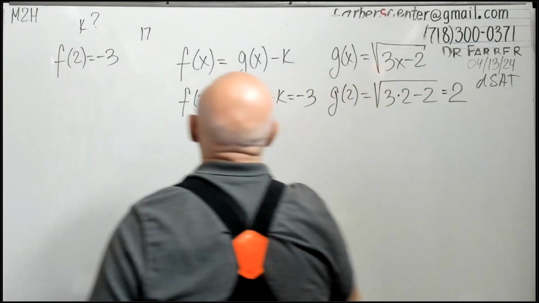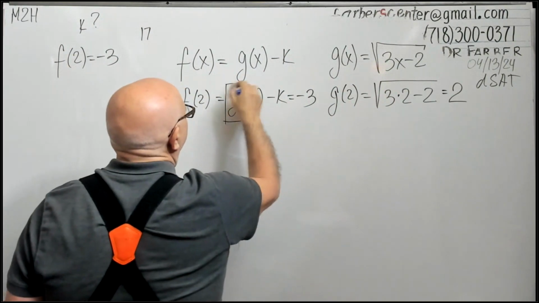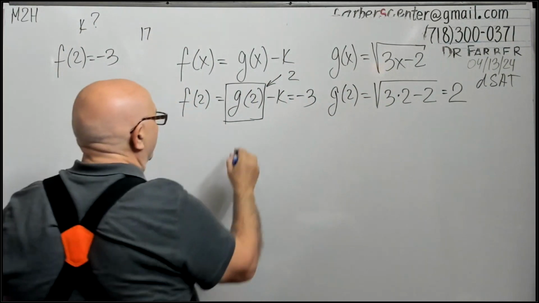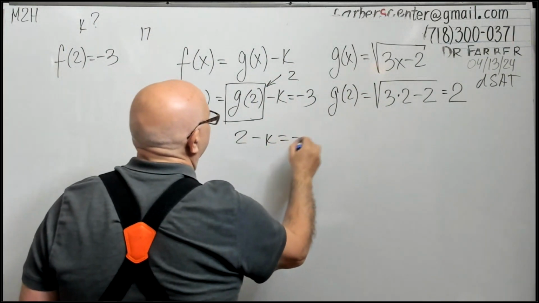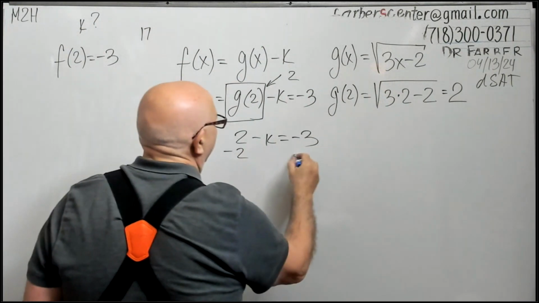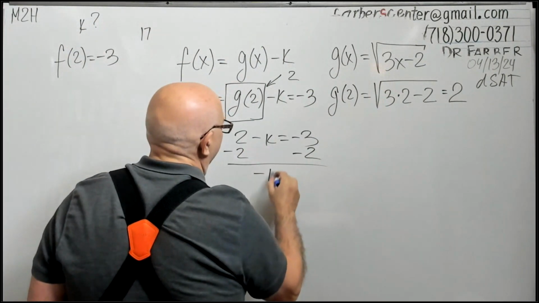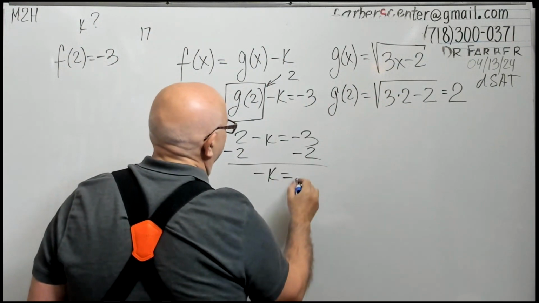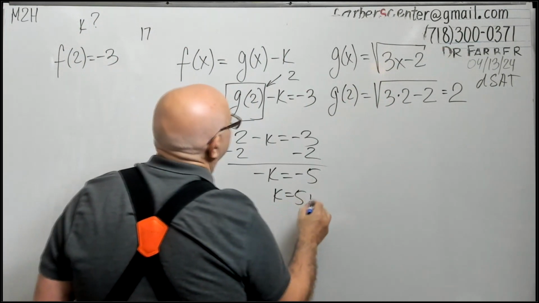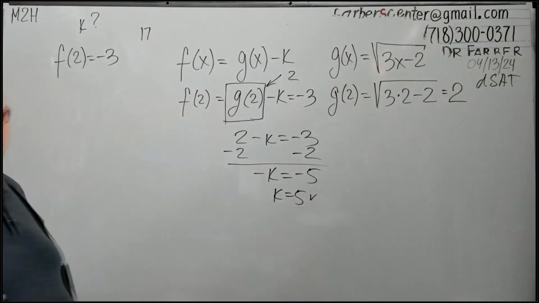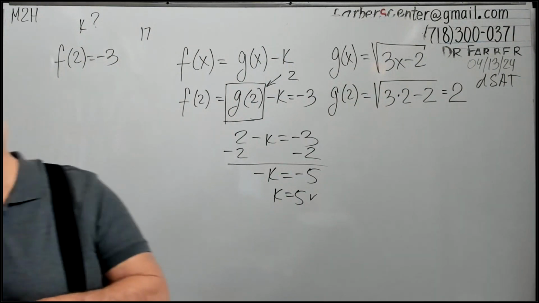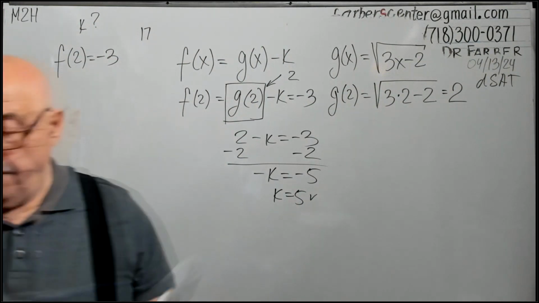So now 2 minus k equals negative 3. Minus 2 and minus 2: negative k equals negative 5. Multiplied by negative 1, k equals 5. Any questions? No questions. That was 17.